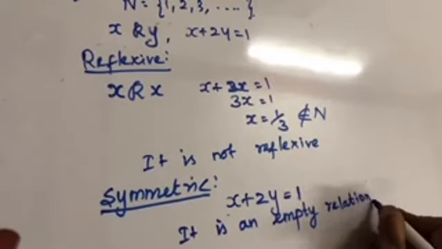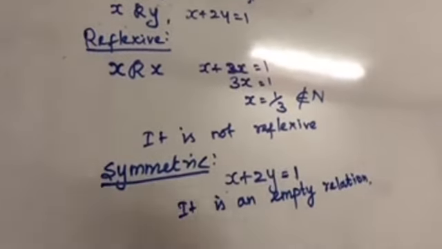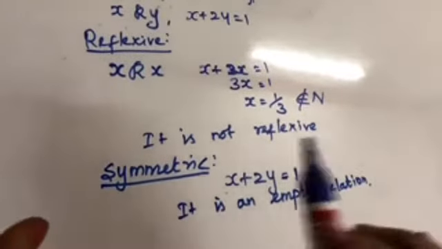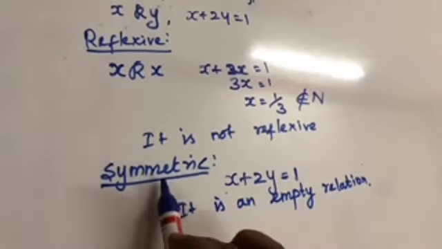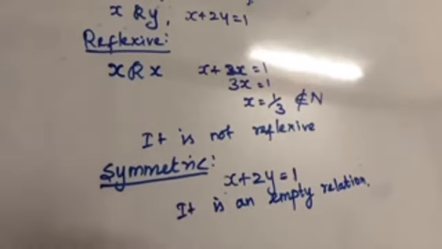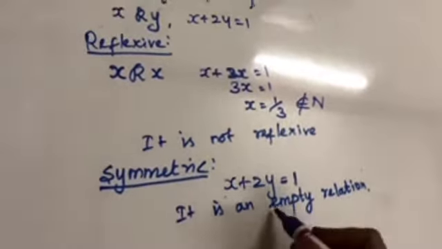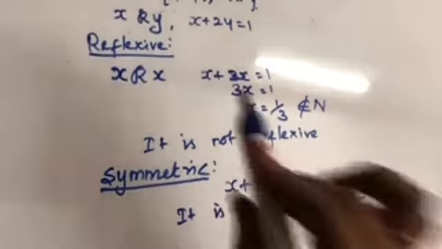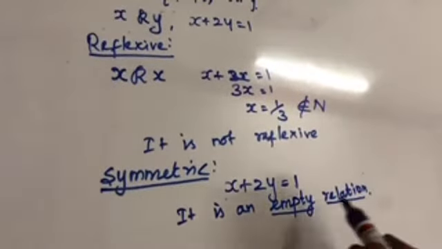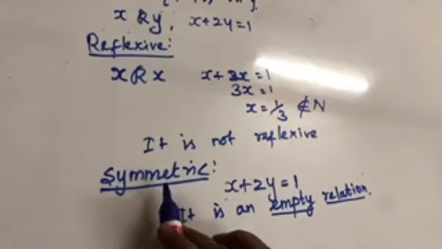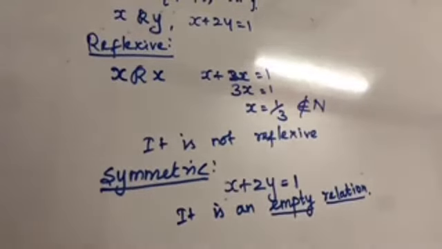Whenever a relation is an empty relation, it satisfies symmetric and transitive conditions. All empty relations do not satisfy reflexive, but empty relations satisfy symmetric and transitive conditions.